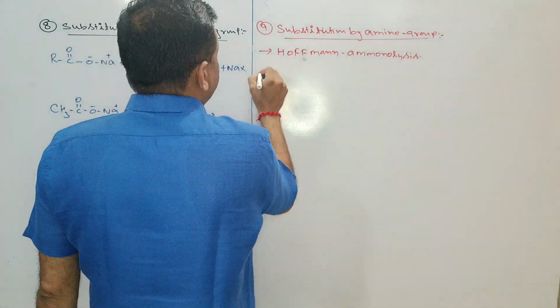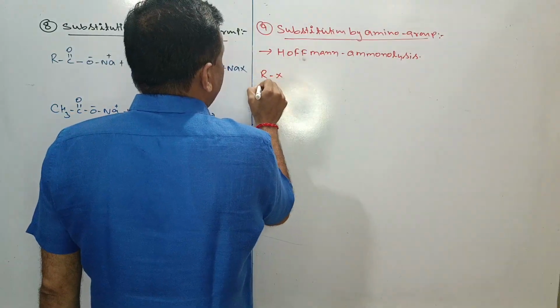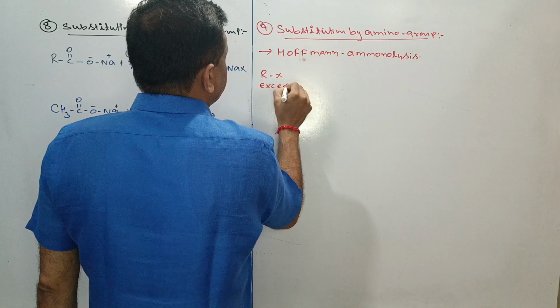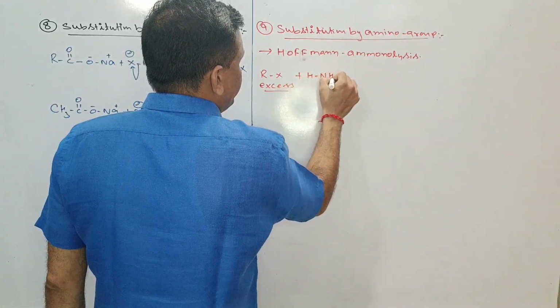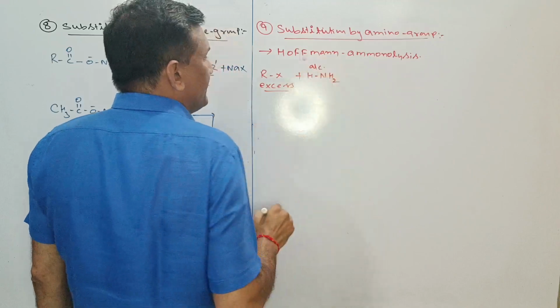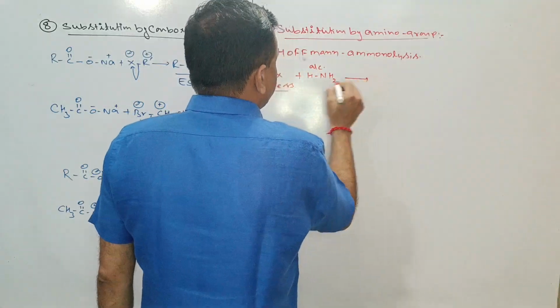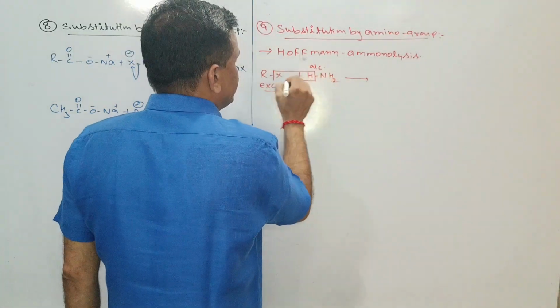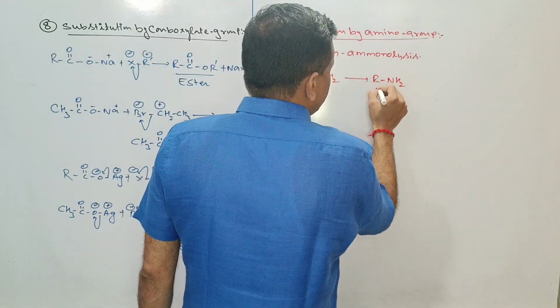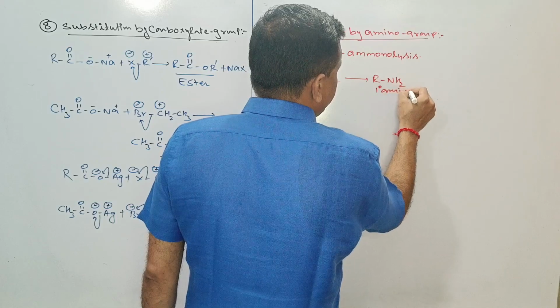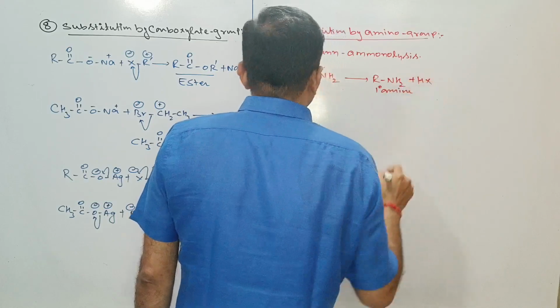So this is the alkyl halide RX. Here is the alcoholic ammonia. Then by the removal of HX, here will be formation of RNH2 as a 1 degree amine plus HX.